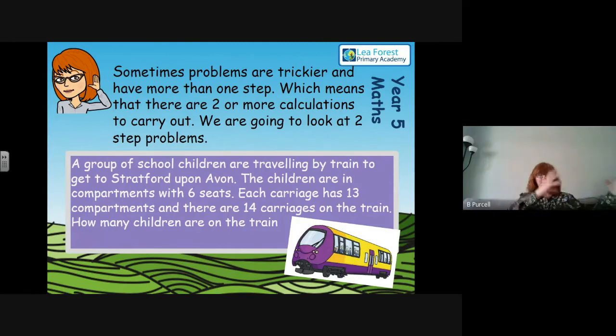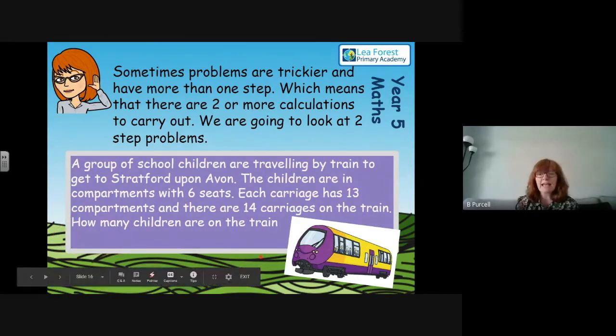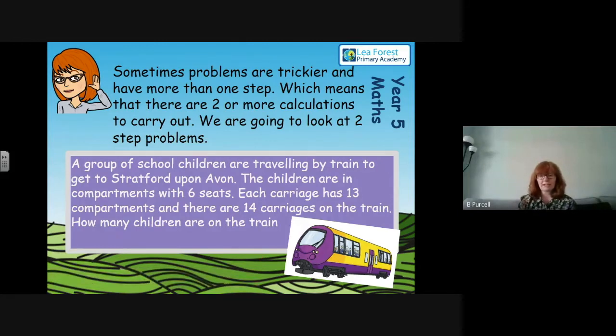They have the engine that takes you on, and that's one carriage. Then they have another carriage joined and another carriage joined. So all of those parts of a train are called carriages. So each carriage has 13 compartments, so one of these with 6 seats, and there are 14 carriages on the train. How many children are on the train?